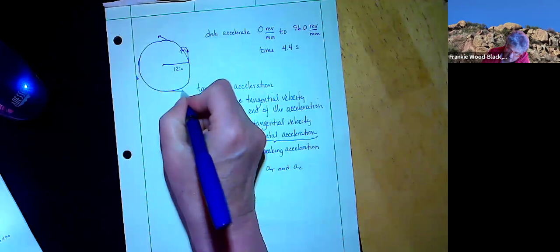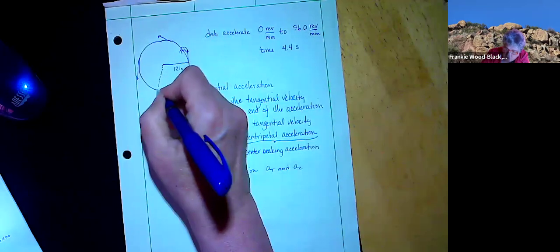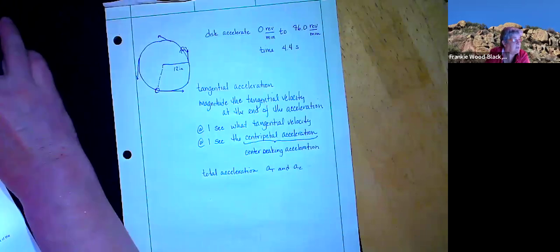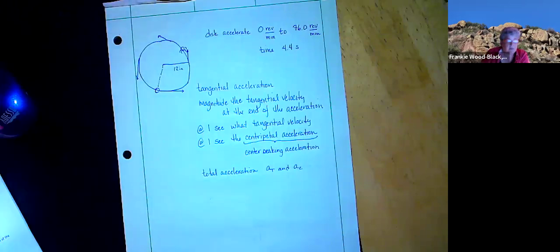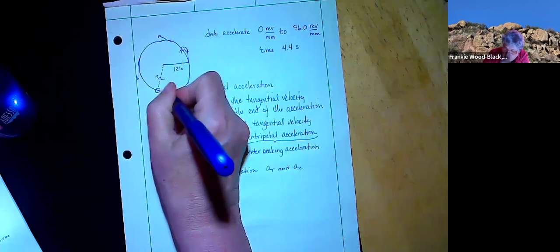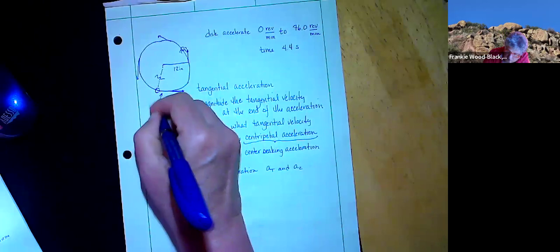Think of it this way: if I'm swinging an object around, like in one of the videos that I have, swinging the object like I am David of David and Goliath, if this rope breaks, the ball is going to go off in that direction, and that's our tangential direction.